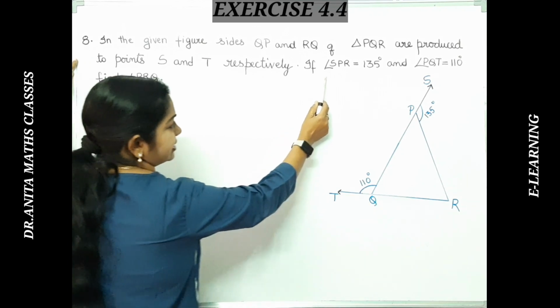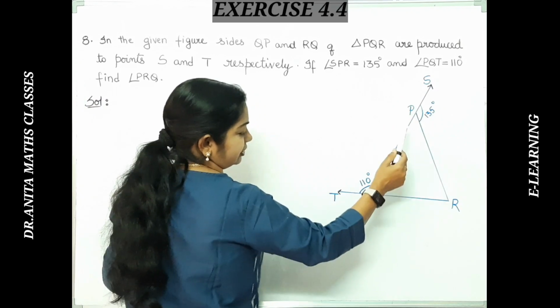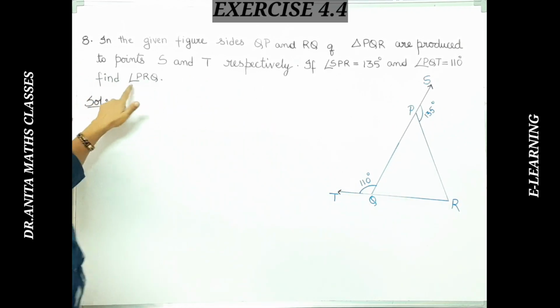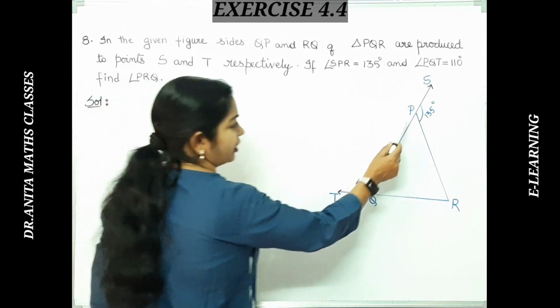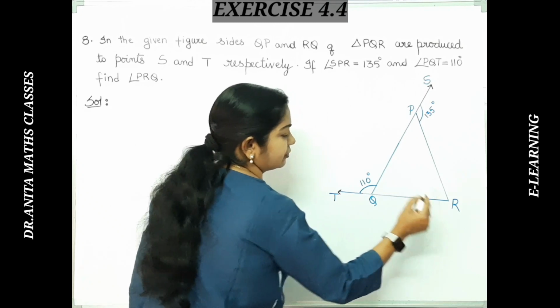If angle SPR is 135 and angle PQT is 110 degrees, find the angle PRQ. So this angle we need to find.